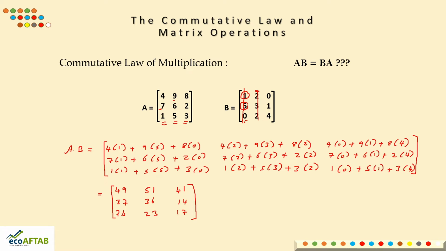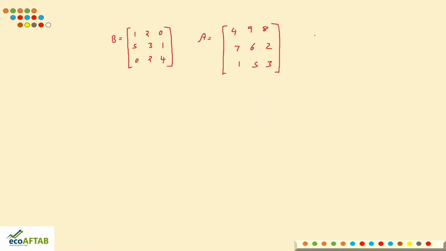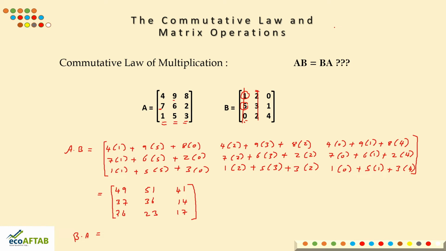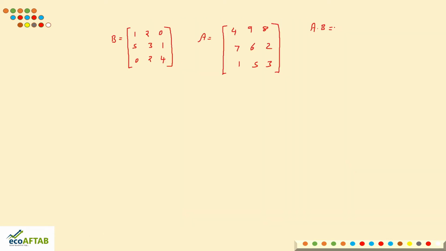Now, if we are multiplying B into A, will we get the same result? So in the previous solved example, A multiplied by B, we had got 49, 51, 41, 37, 36, 14, 26, 23, 17 as the elements.